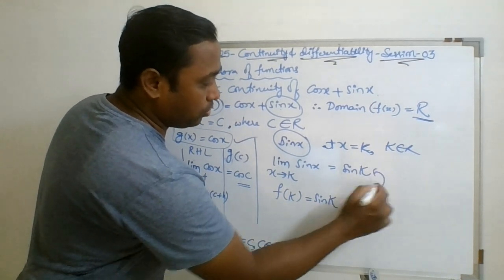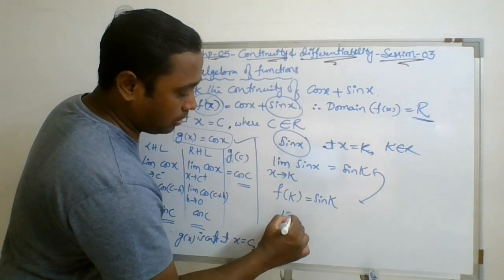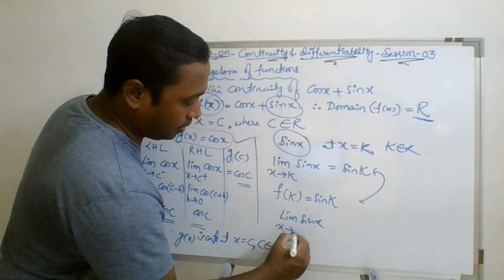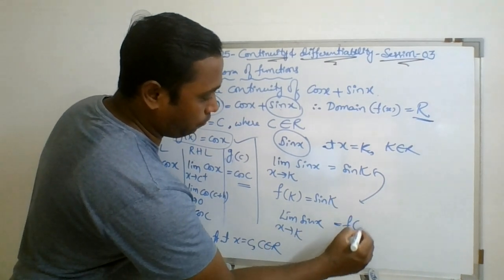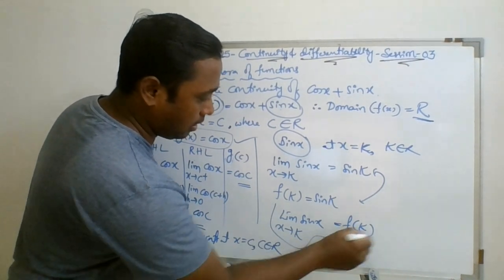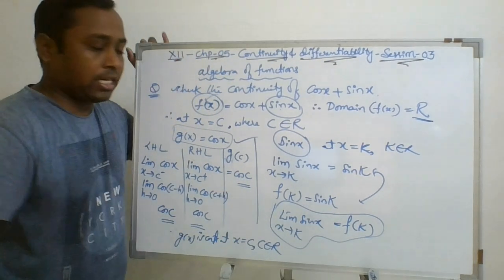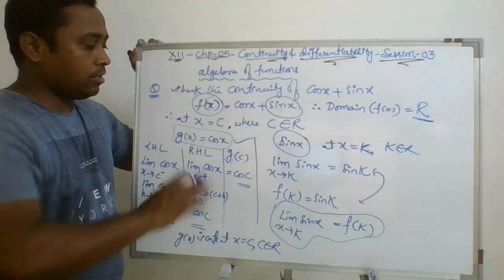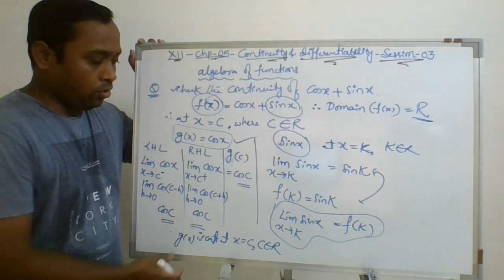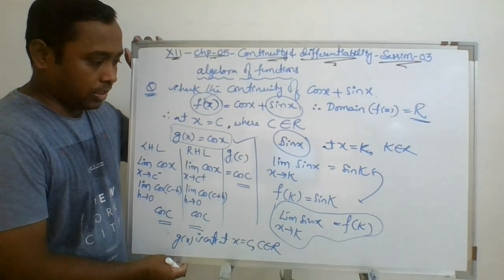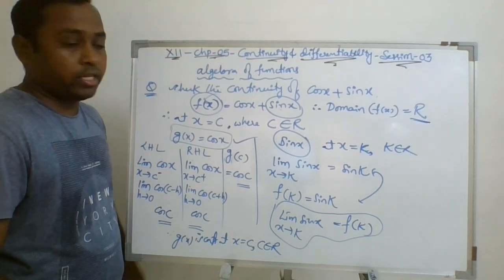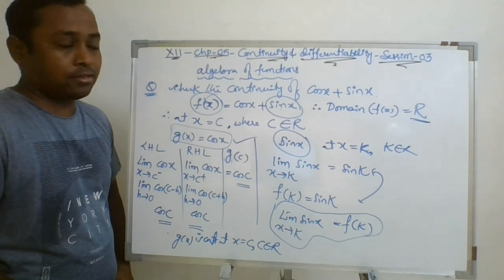Now you can say these two are equal. So limit of the function sin x as x tends to k is equal to the value of the function at k. Hence, the sin x function is continuous at the constant. So hence we can say that f of x is also continuous. Getting my point? In the same manner, now we are going to take one or two more sums to understand in detail.